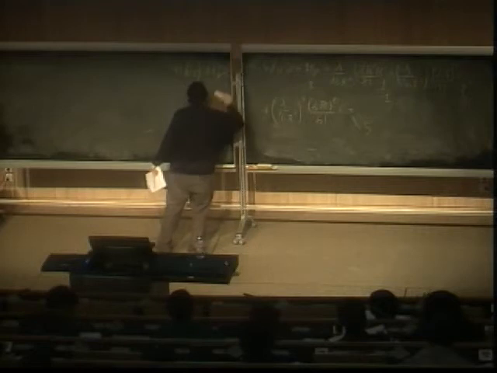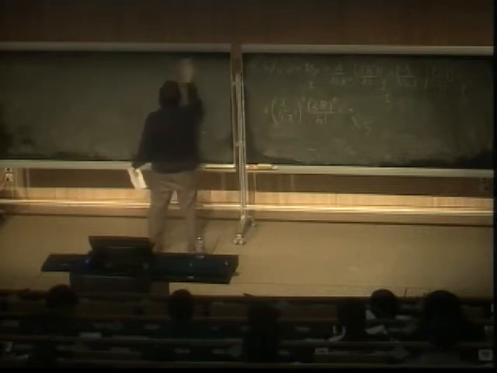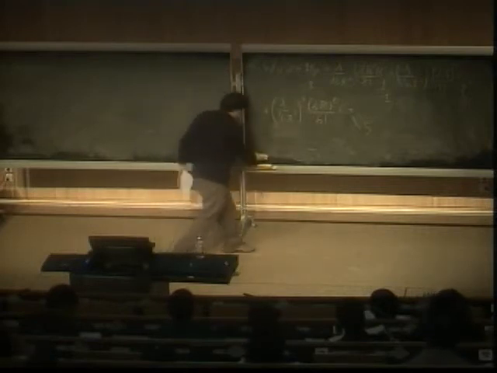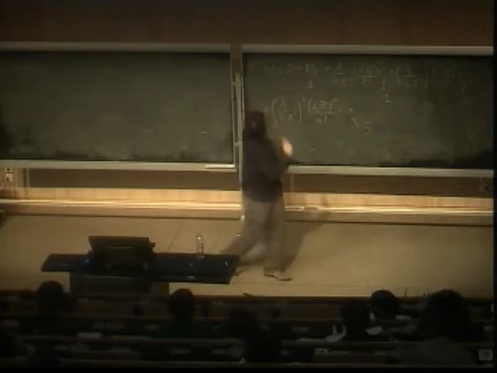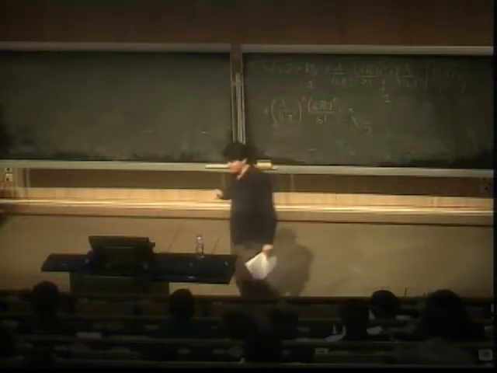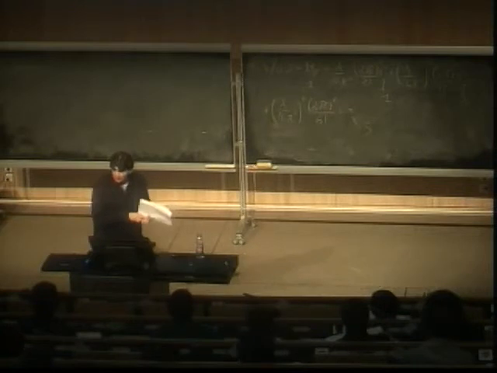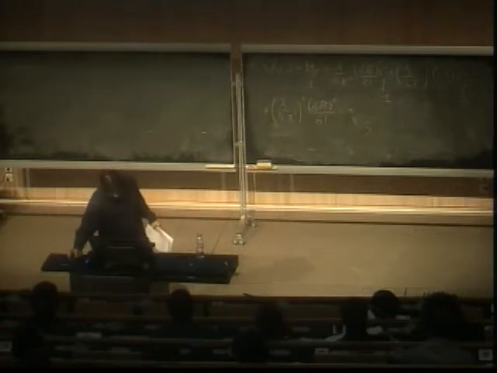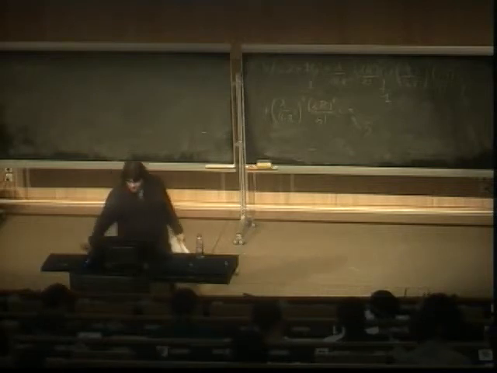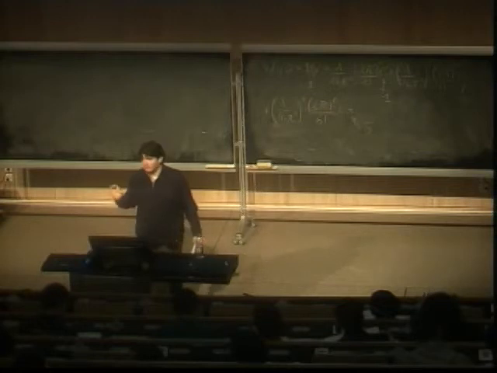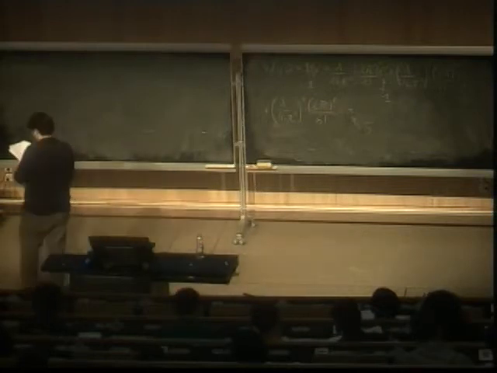Actually, you could try to compute the number of ways to contract 8 fields, and you would find 14. That is the next term in the series. This is telling you that this series is given by the Catalan numbers, and the Catalan numbers are 2n factorial over n factorial, n plus 1 factorial.